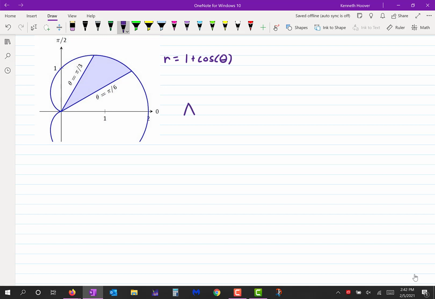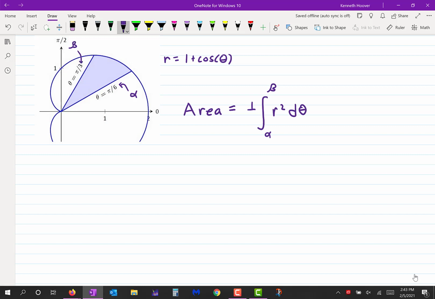So how do you find that area? I'm going to show you the formula right now. The area equals the integral of r squared with respect to theta from alpha to beta, where alpha is the beginning angle and beta is the ending angle.